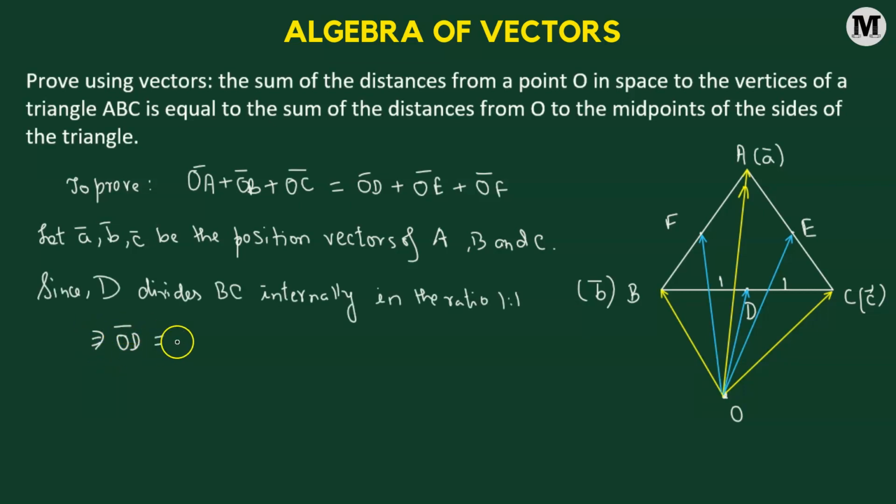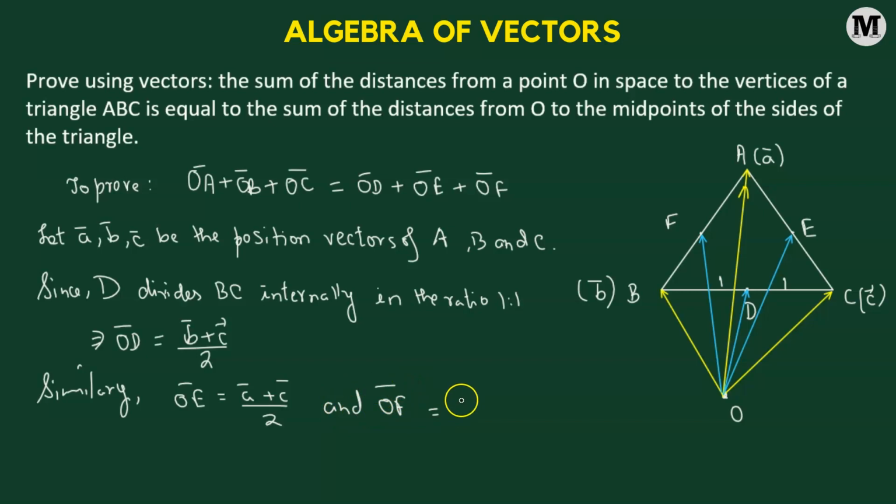Using the section formula, we get B vector added to C vector, whole divided by 2. Similarly, we can define the position vectors of the other two midpoints. So OE vector is going to be A vector plus C vector divided by 2, and OF vector is going to be equal to A vector plus B vector, whole divided by 2.